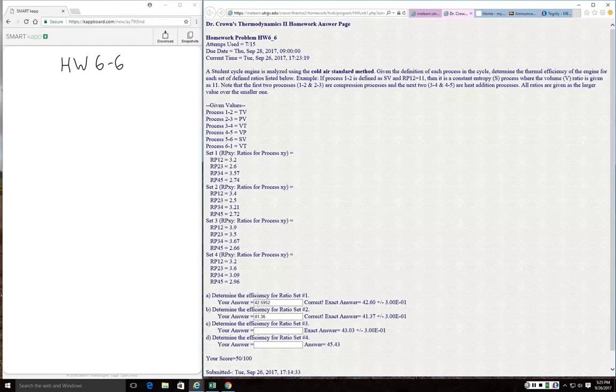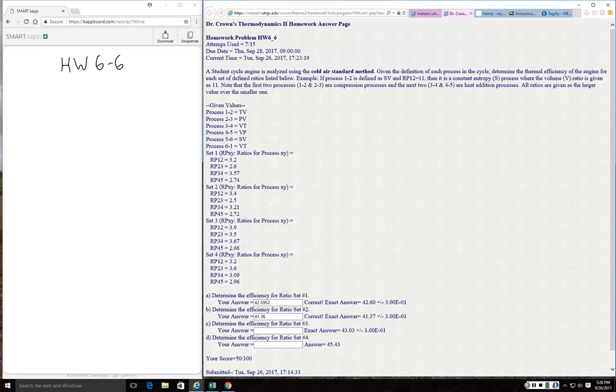So let's take a look at first off what we need to solve this problem. I'm going to write down the general equations at the top, and then we'll work through how to get to the final equation for efficiency. I'm going to move over to the board.